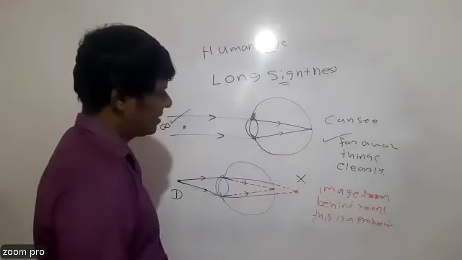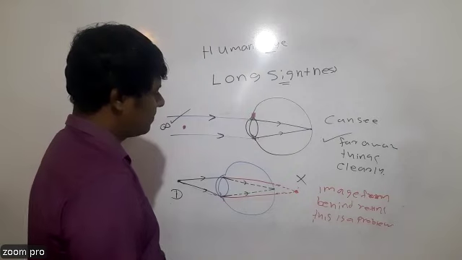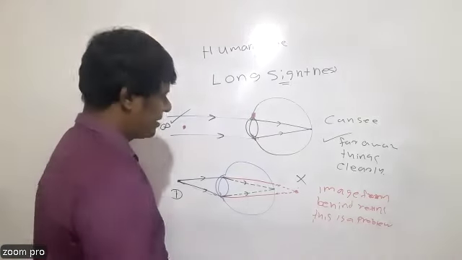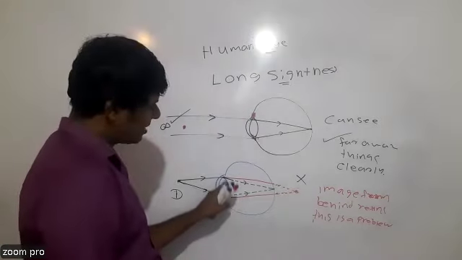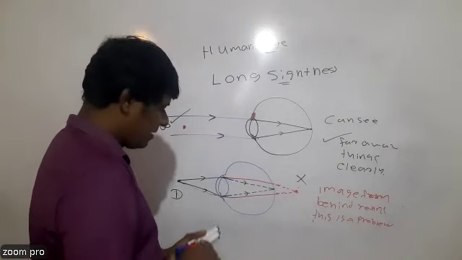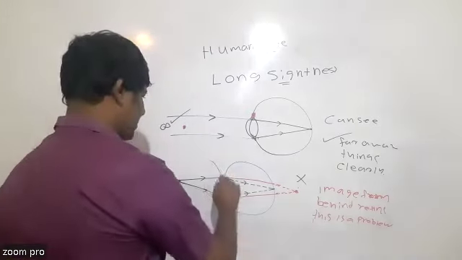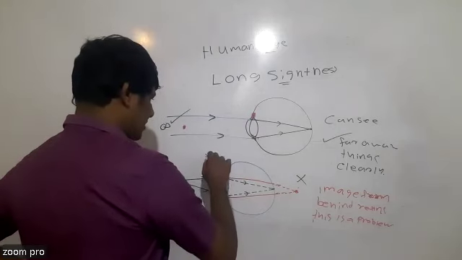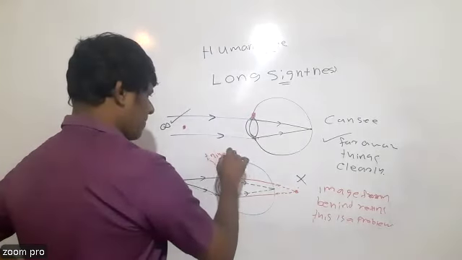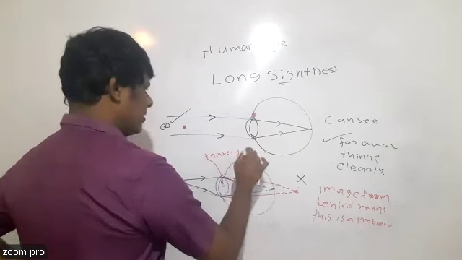Thin lens. Okay, the lens is thin. You can still use the same diagram and write thinner lens. Draw this again and write thinner lens. This is the reason.